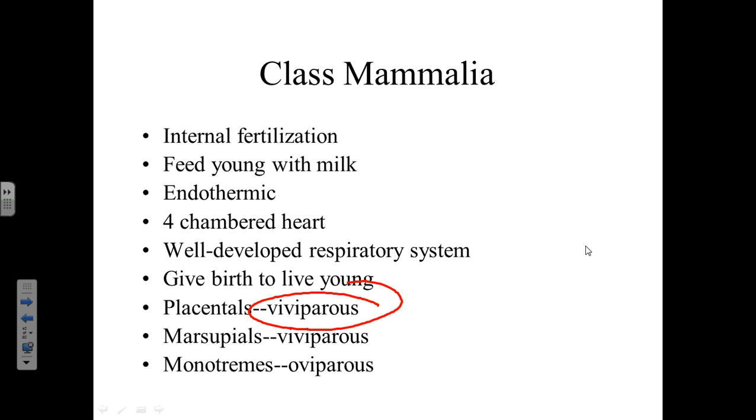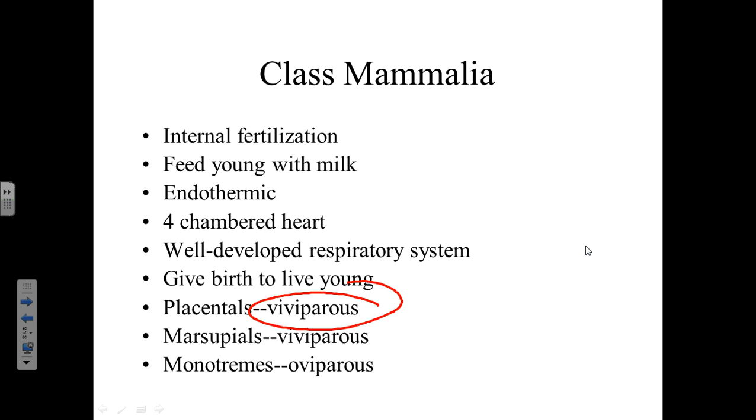On the other hand, marsupial babies, they're viviparous, but when the marsupial babies come out, what are they like? They are very, very underdeveloped, and they're going to move to where real fast. They're going to get in the pouch, where they will breastfeed and grow and live for sometimes another year, depending on the species. So they're not well developed. Those are marsupials.